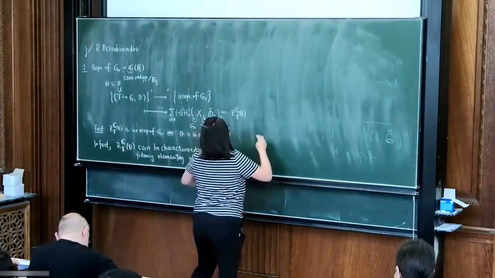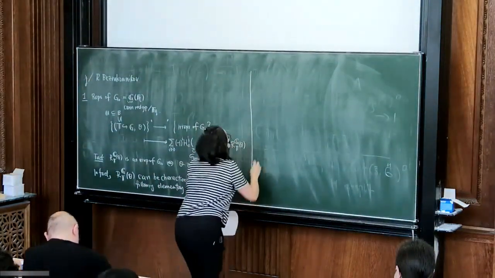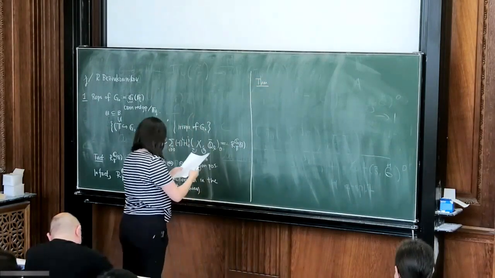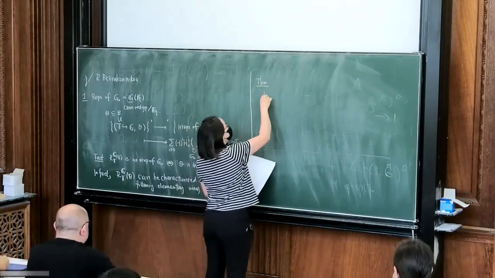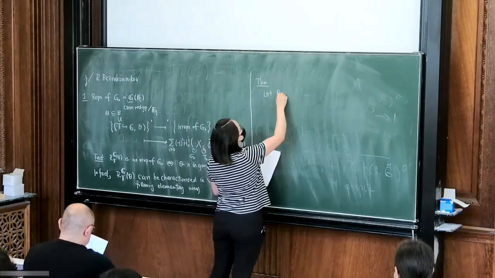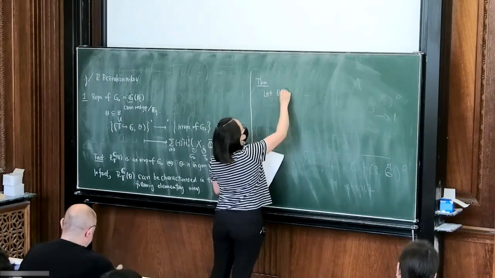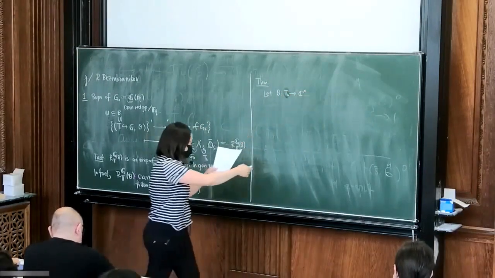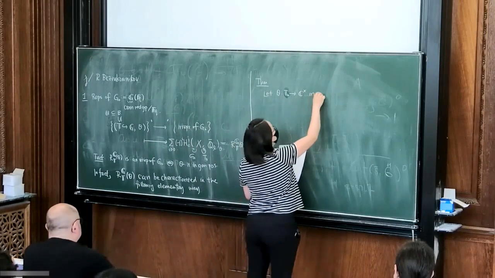And so let me write down the theorem. Let theta from your T0 to C star or Q_l bar star be in general position.